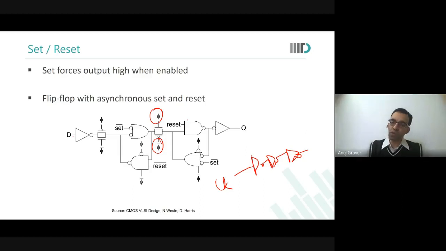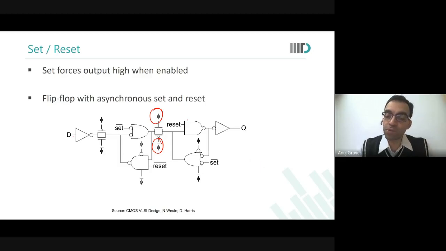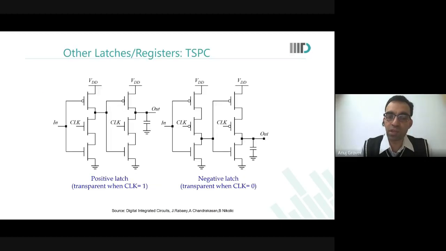Once it rises, once it falls. So given that, there is a strong interest to see if we could have flops with only one polarity of clock. Okay, so we have true single phase clocks, TSPC flip-flops, where if you notice this latch, we will go to the flop next.